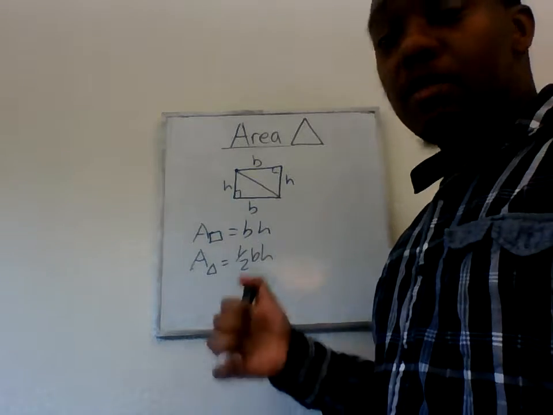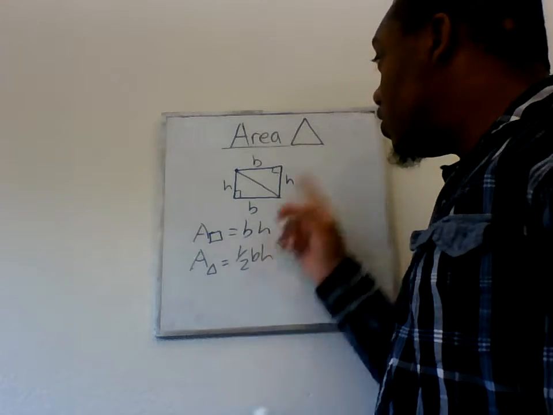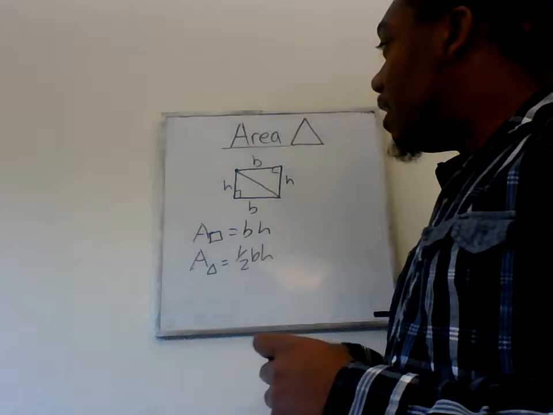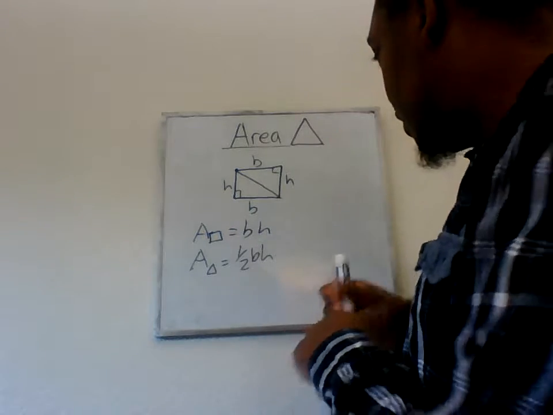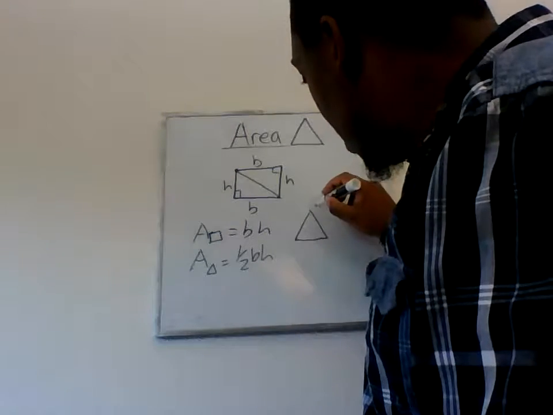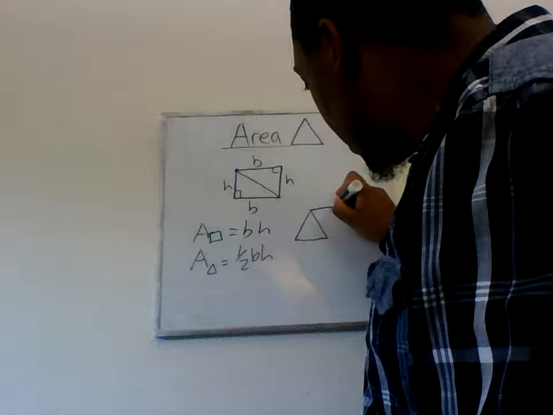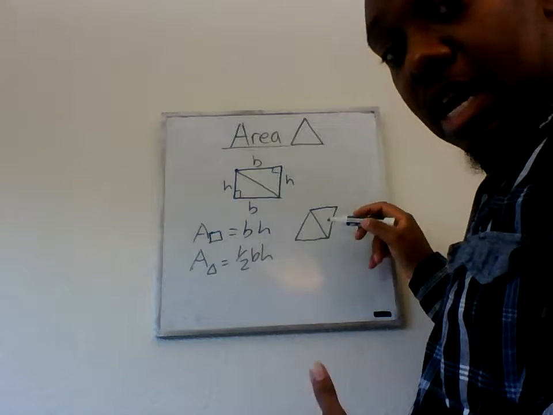Well, this is actually the formula that's used for the area of a triangle, because you can take any triangles and combine them together in a certain way based off of one side. For instance, if I have that triangle and I draw an equivalent triangle to it, these two triangles are congruent, meaning they have the same size and measurement.